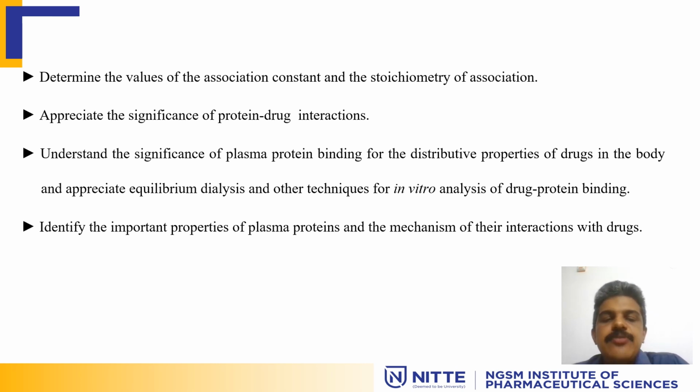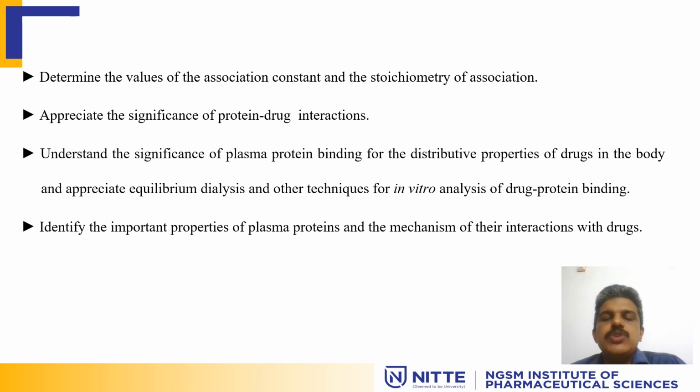Also, identify the important properties of plasma proteins and the mechanism of their interaction with the drugs. See, I already told you that there are a number of plasma proteins like serum albumin, serum globulins, and alpha 1 acid glycoproteins. These plasma proteins are responsible for forming complexes with drug molecules.